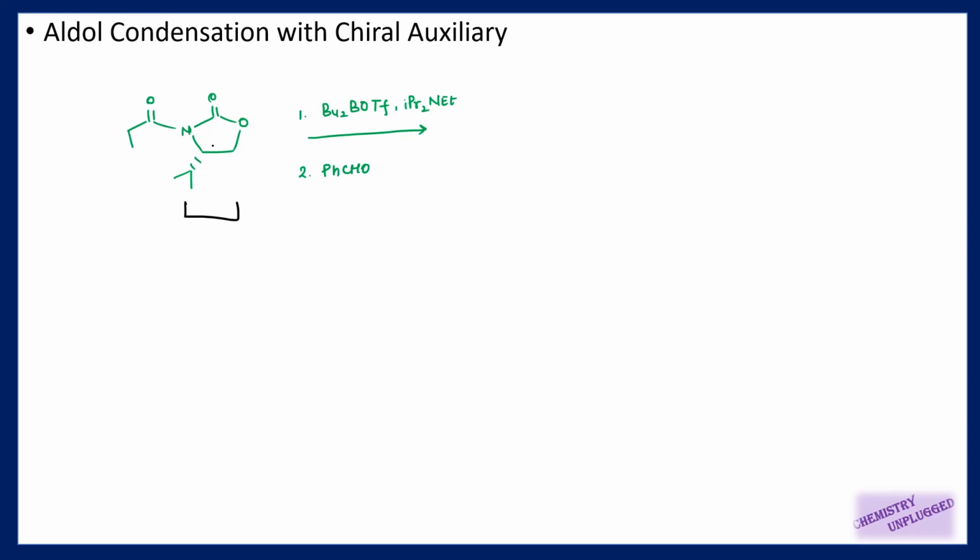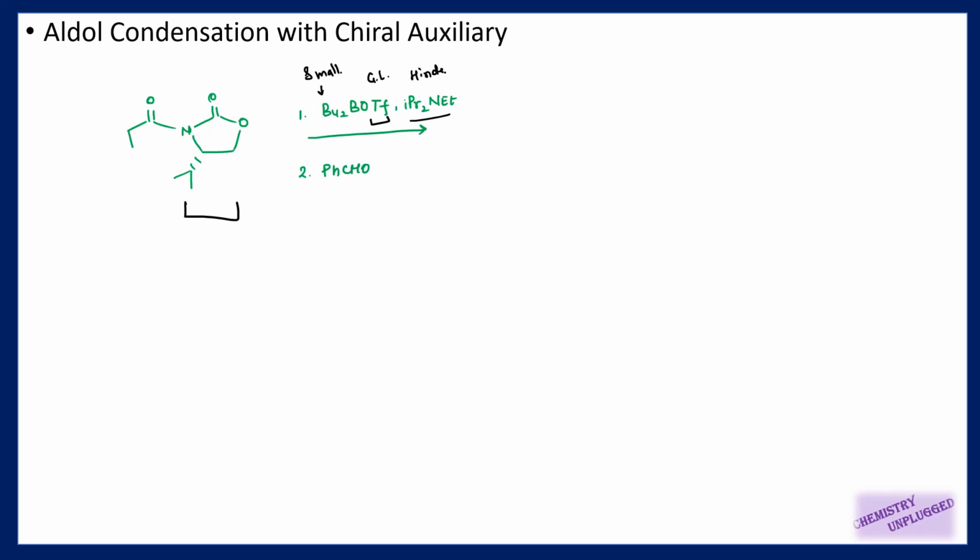So this reaction is a combination of two things we have studied so far: that we can use different boron reagents to generate enolates, and second, the use of chiral auxiliary. Here we are using a boron reagent which has smaller size ligands. These ligands are small in size and it has a good leaving group, right? And we have here a hindered amine, right?